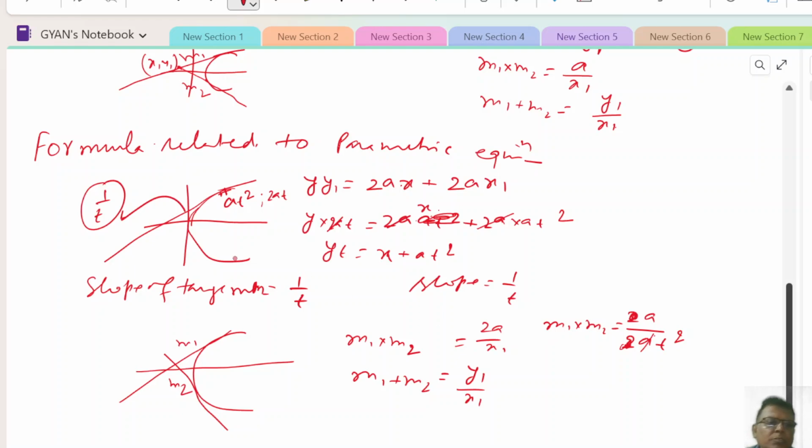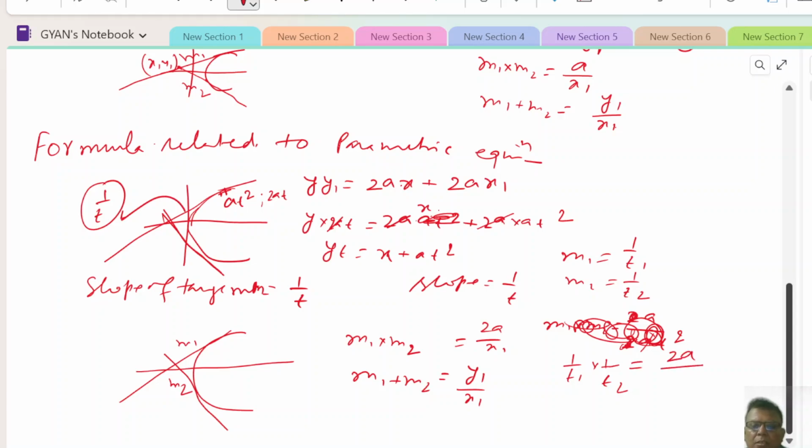And suppose this point. M1 is equal to 1 by t1, which we have found here, and M2 is equal to 1 by t2. So M1 M2 is equal to 1 by t1 into 1 by t2 is equal to 2a divided by x1.